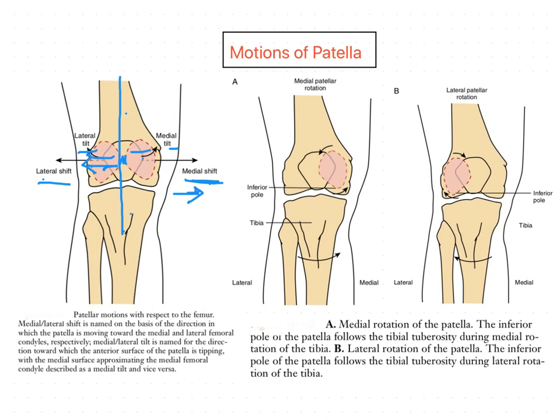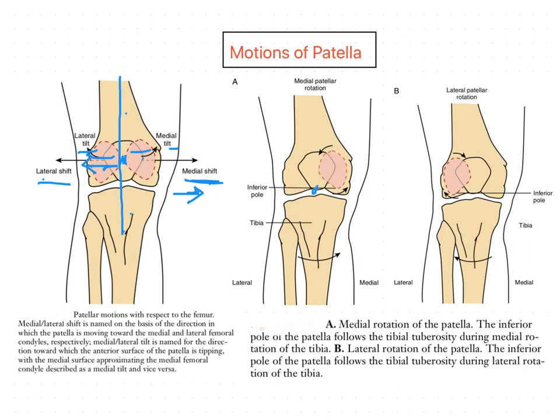Normally, the rotation of the patella takes place on the anteroposterior axis, and it is referred to by the movement of the distal apex of the patella. So this is somewhat tricky when it is called medial patellar rotation and lateral patellar rotation.